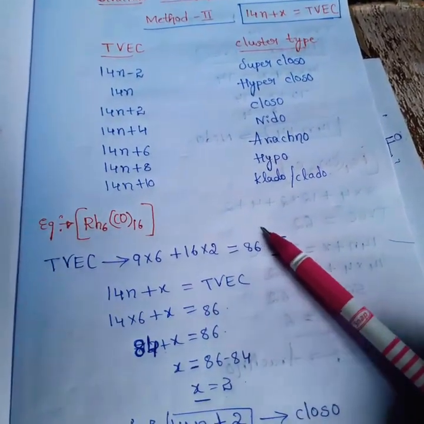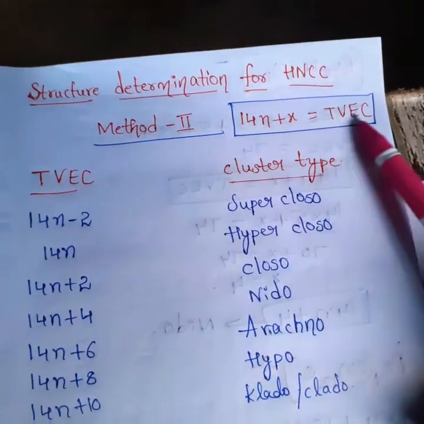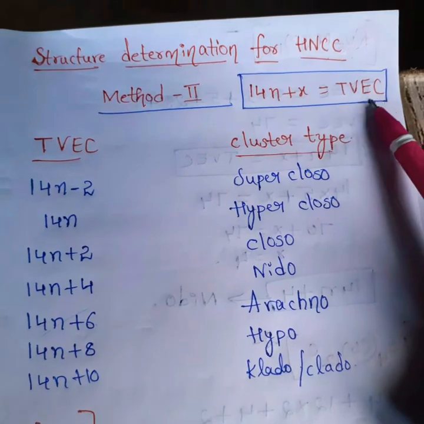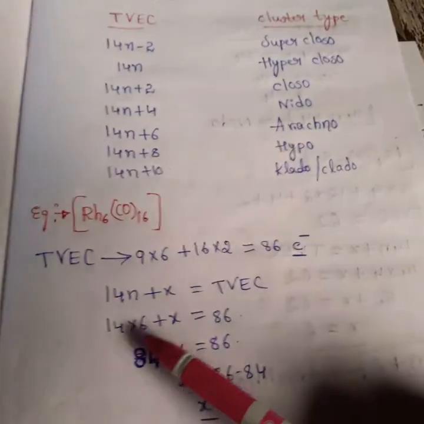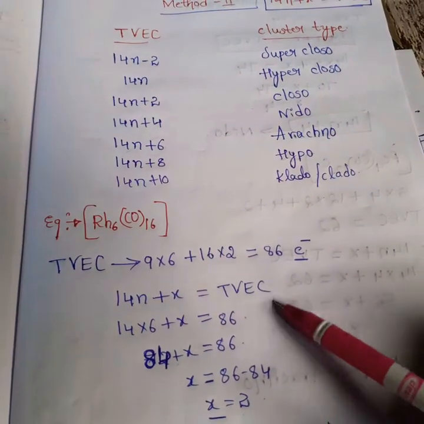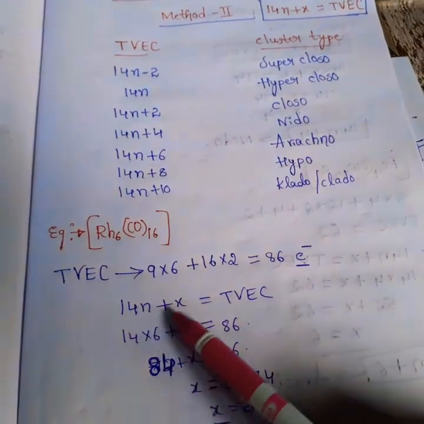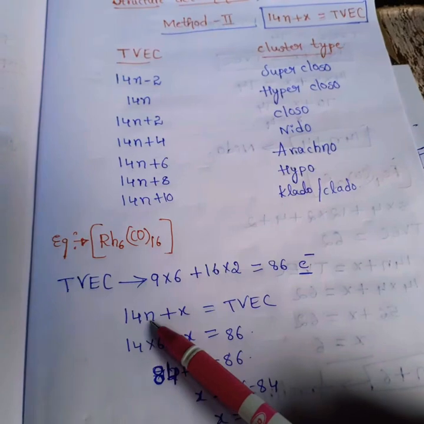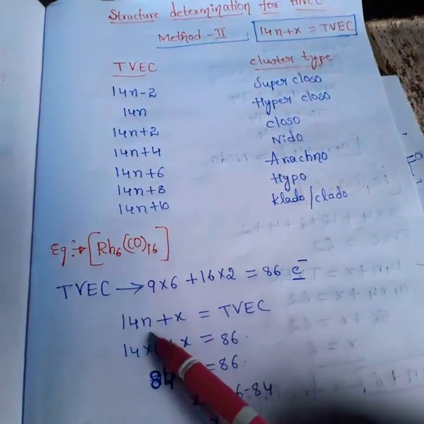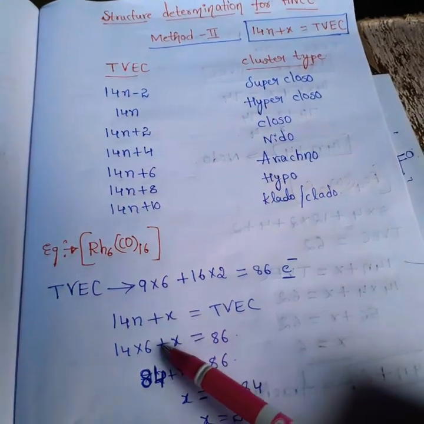Now we have to apply this. 14N plus X is equal to total valency electron count. N means number of metals in the given complex. Here they have given 6 metals, so in the place of N, I am substituting 6.